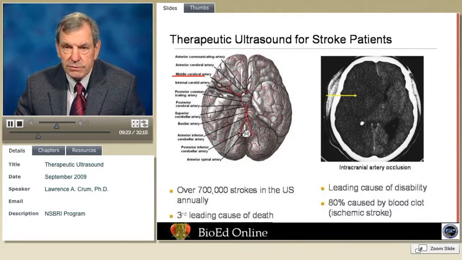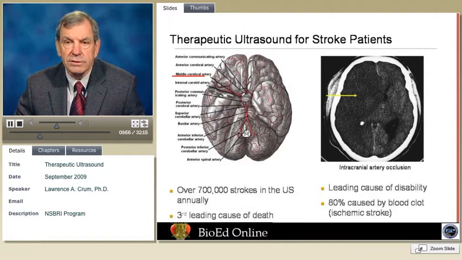And this results from an occlusion of an artery, typically the midcerebral artery in the brain, and then the brain is starved of blood, and so therefore it shuts down part of your body. And of course, most of us know someone who's had a stroke. So the figure you can see on the screen shows a midcerebral artery that is blocked by an occlusion, a blood clot. We call that an ischemic stroke.